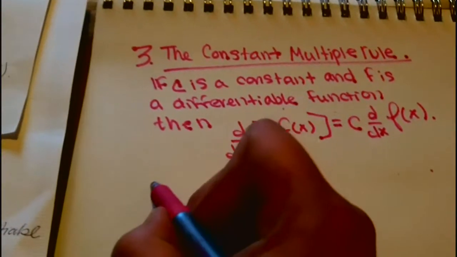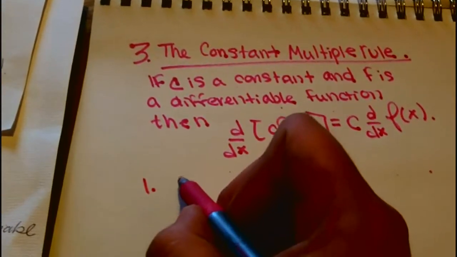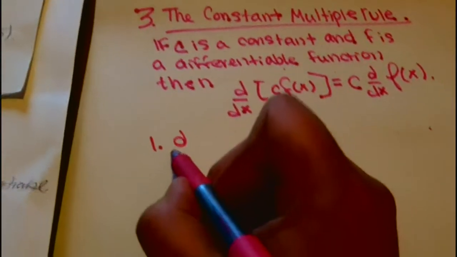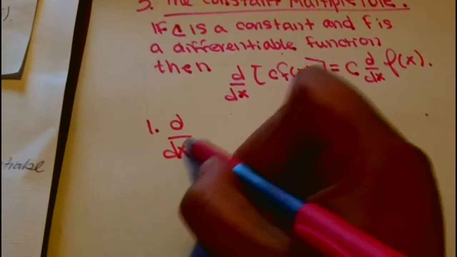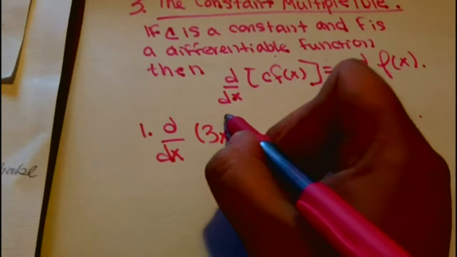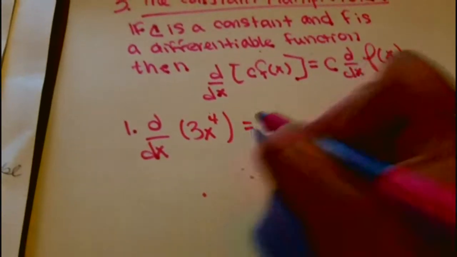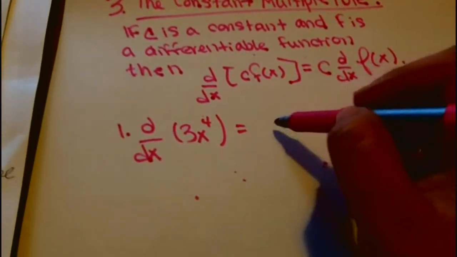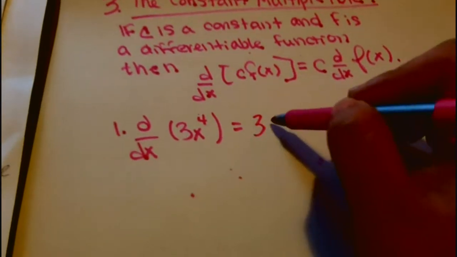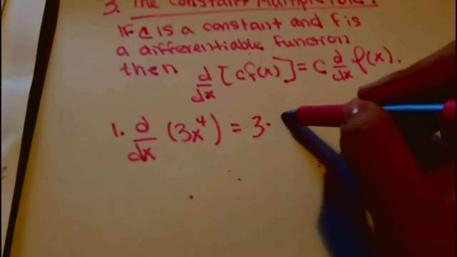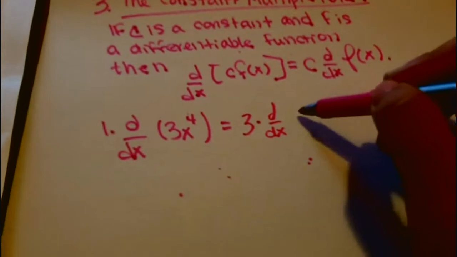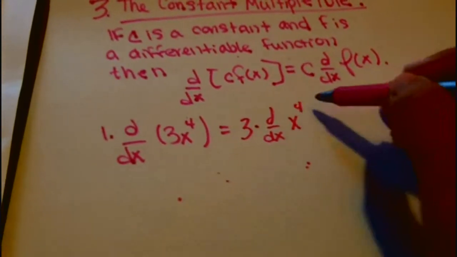Alright, so an example of this would be if we're trying to find the derivative d dx of the function 3x to the fourth. The derivative of 3x to the fourth would be the constant 3 times the derivative d dx of x to the fourth.